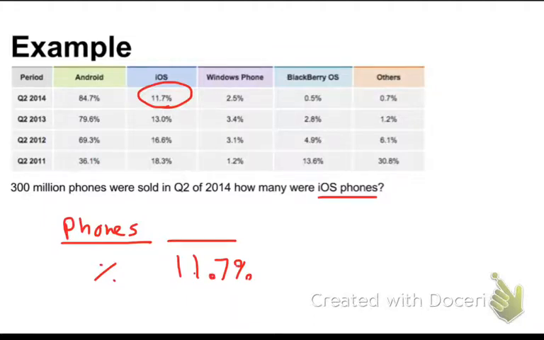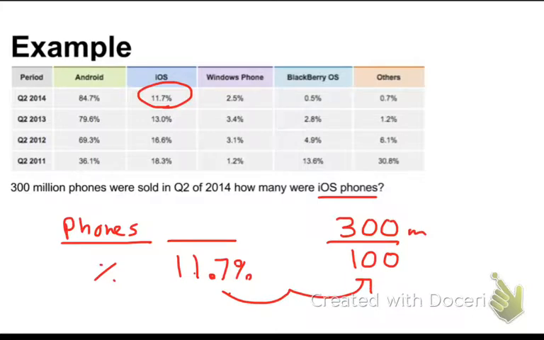I know that the total number of phones would have been 100%. I know that 100% of phones would be 300 million. I'm just going to keep it in millions. I'm not going to bother with all the zeros there. And basically I've got to figure out what times 11.7 gives me 100%.